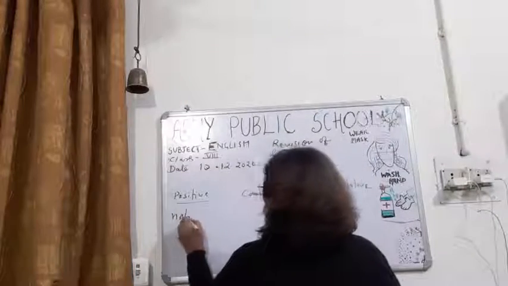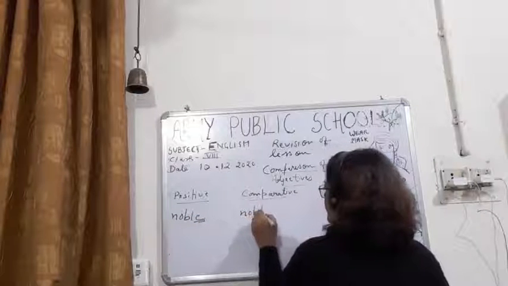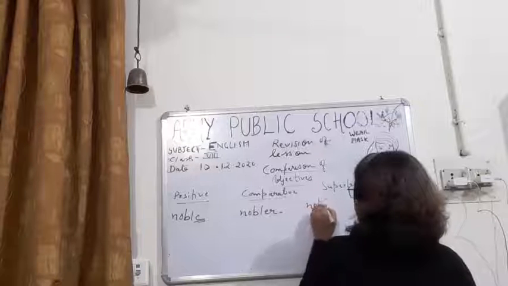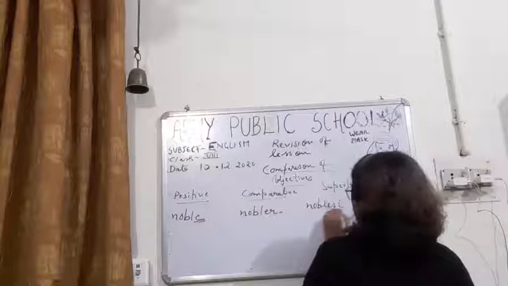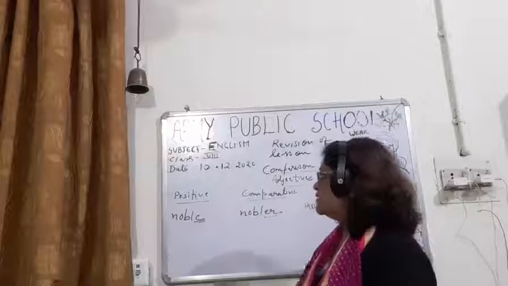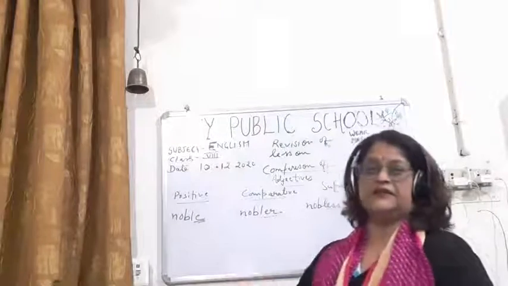E is here, so R will be added, nobler, and here ST, noblest. You can see positive noble, and then R and then ST.